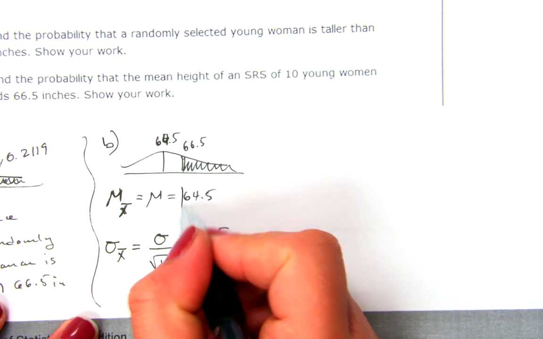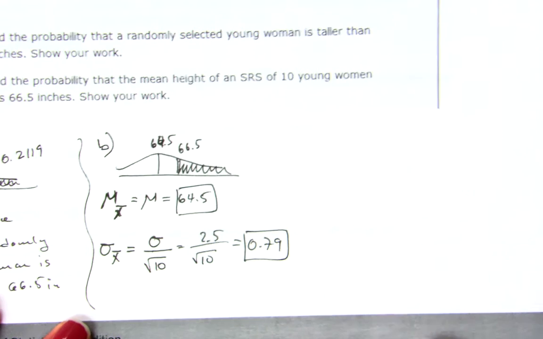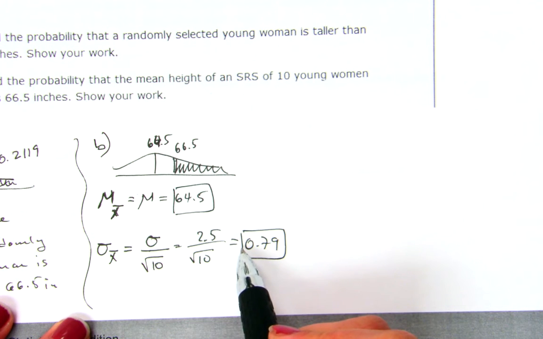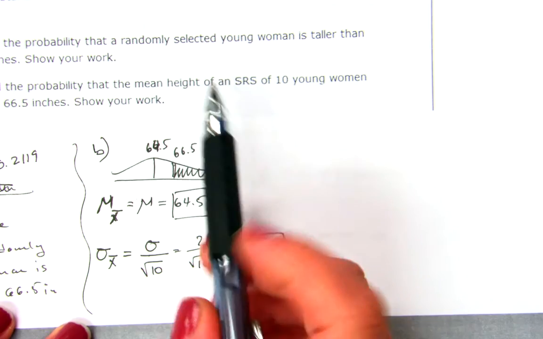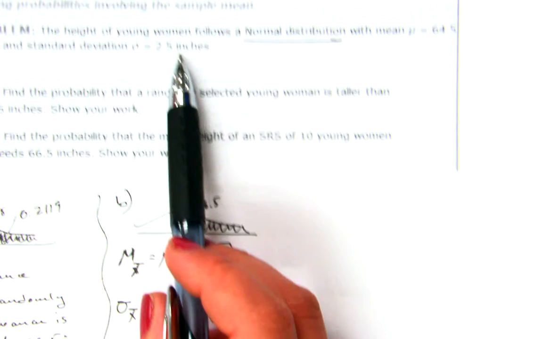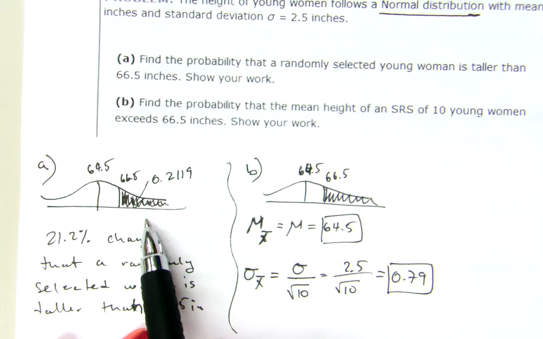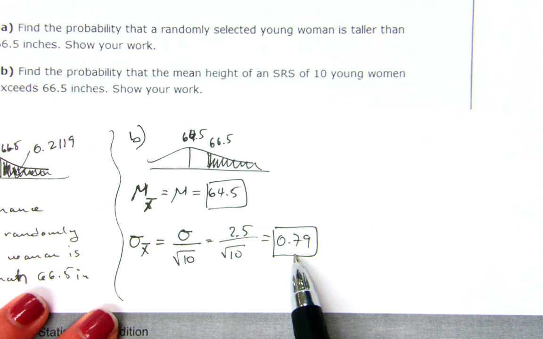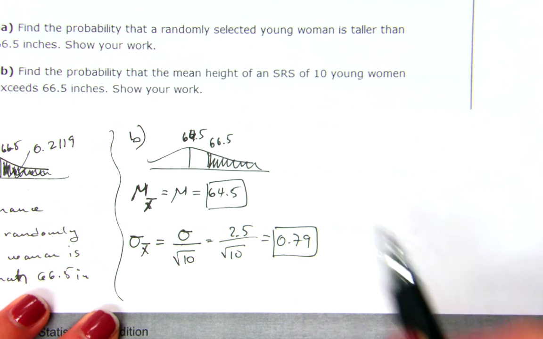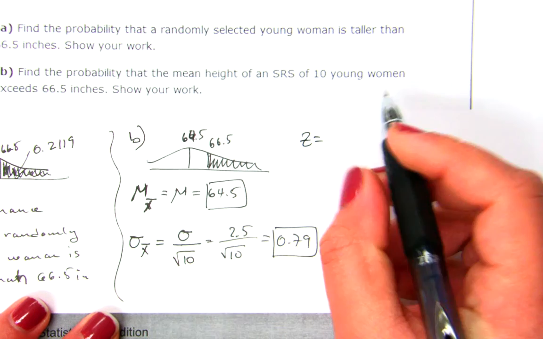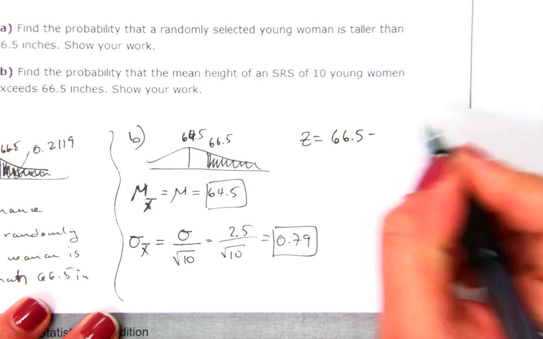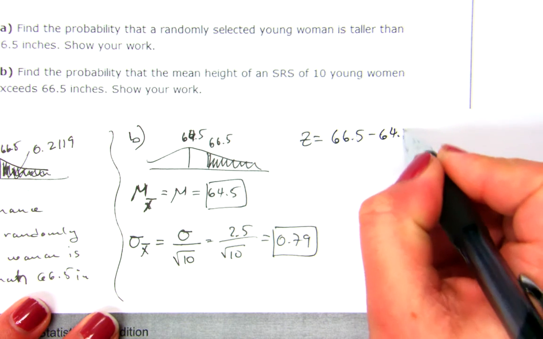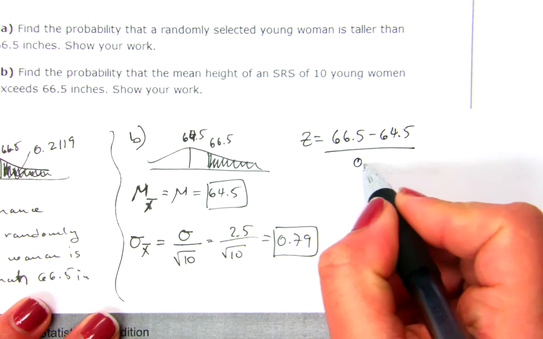All right, so I'm going to use these two in terms of my curve now. Instead of using 2.5 like you should have in part A, I'm going to use 0.79 instead. So I need a z-score: I want my observation subtracted by my 64.5, divided by my new standard deviation, 0.79.